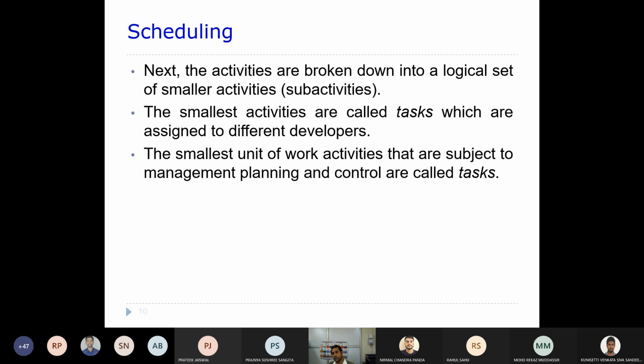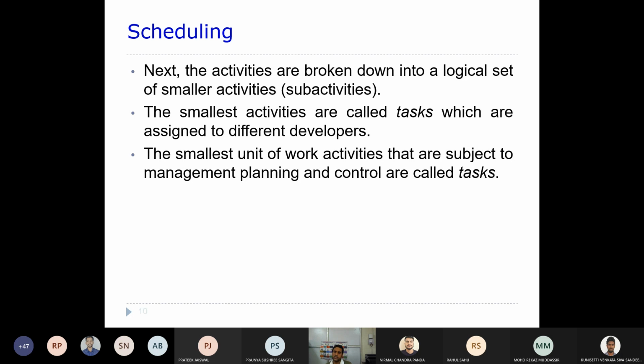The activities are broken down into a logical set of smaller activities or tasks. The smallest activities are called tasks. Usually, the large activities will first be divided into sub-activities, and these sub-activities may be further divided into sub-activities.